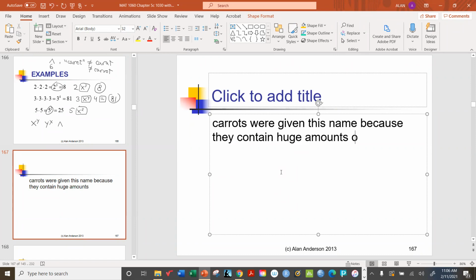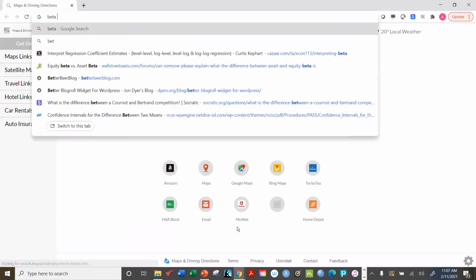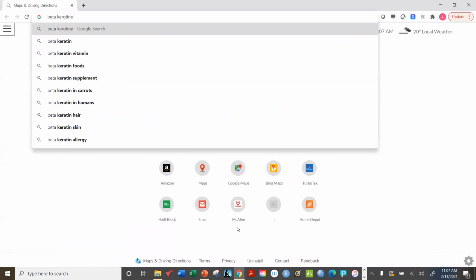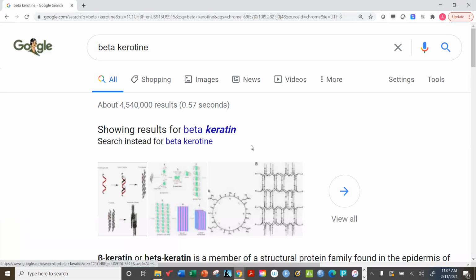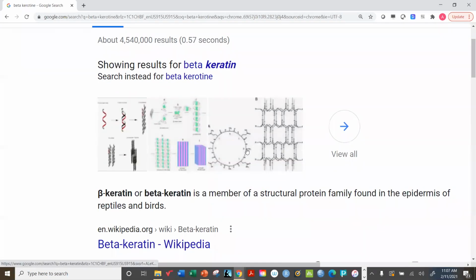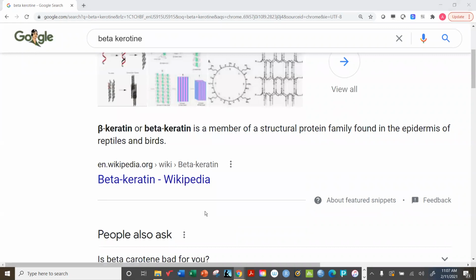I'll have to double check this. This is something that's good for you, by the way. I think it's carotene. There are a couple of ways of spelling it apparently.